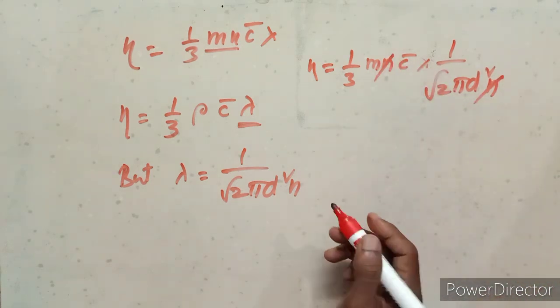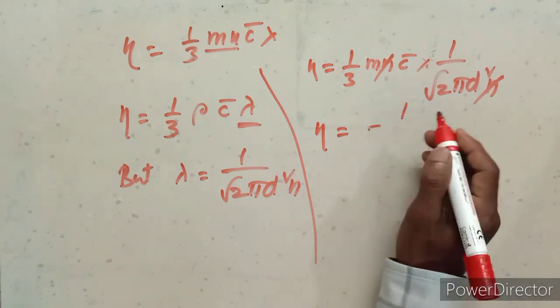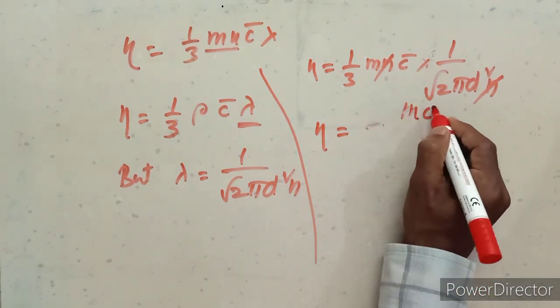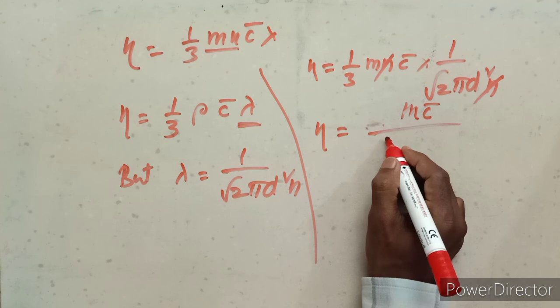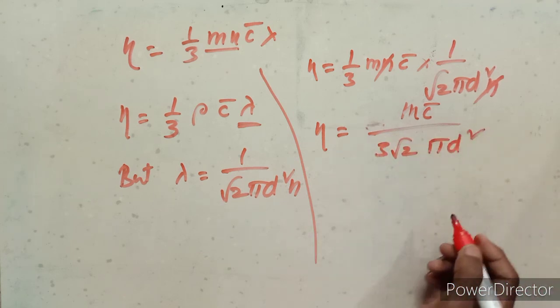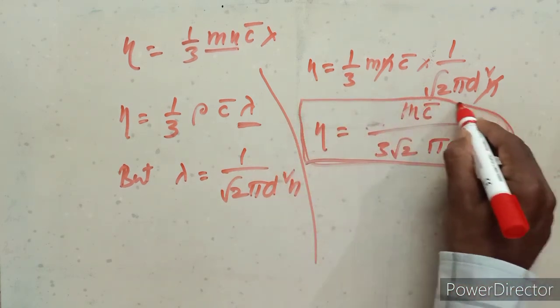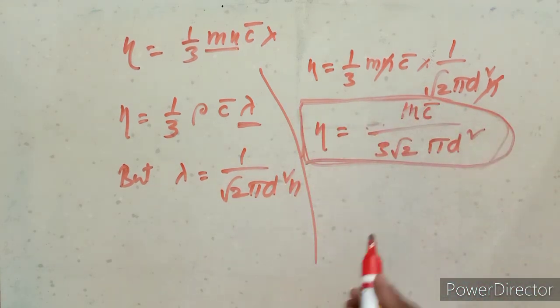Here n cancels. Remaining is eta equals m c bar upon 3 root 2 pi d square. This is the coefficient of viscosity.